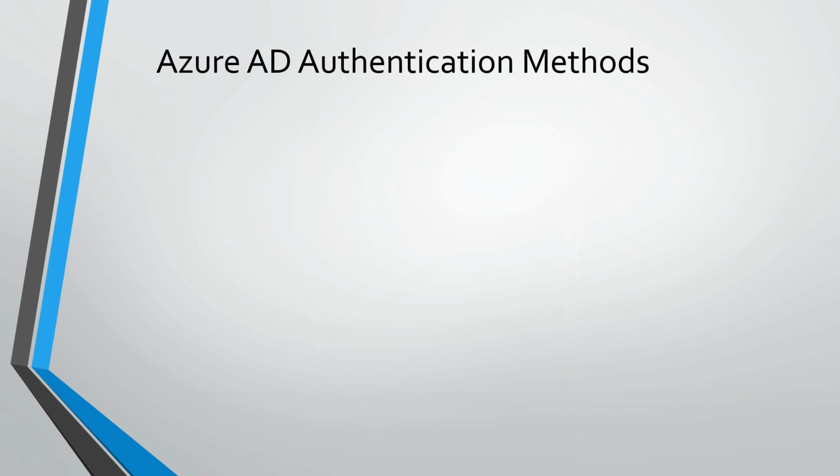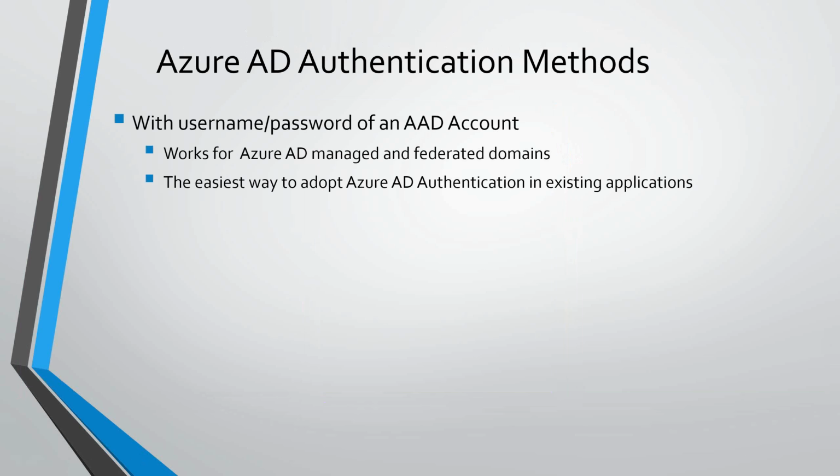So let me talk about these authentication methods. How can we authenticate through the Azure Active Directory? And the first method is so-called user password. And this is for the Azure Active Directory so-called managed domains or managed accounts.